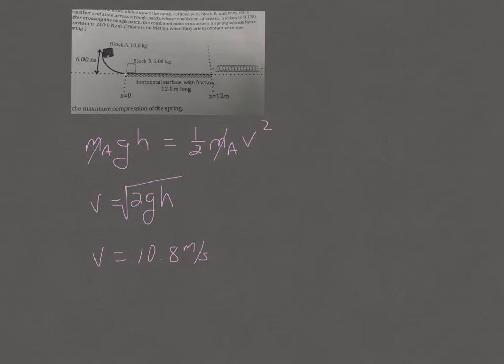So now we move on to the next step in the sequence of events, which is the momentum collision problem. Before the collision, block A has momentum, block B does not. So we have the mass of A moving with the velocity of A before the collision, and that's going to equal, it says that they stick together, so the total mass, ma plus mb, moving at the new speed afterwards.